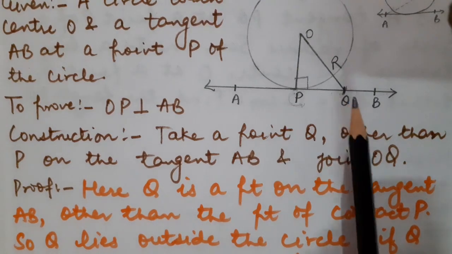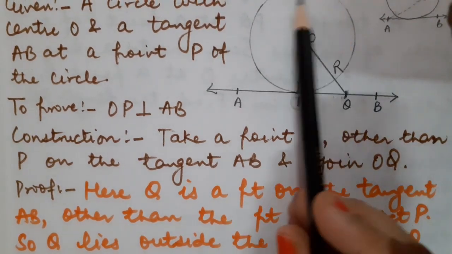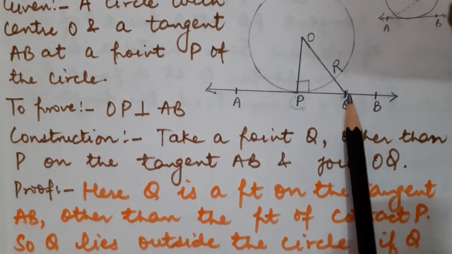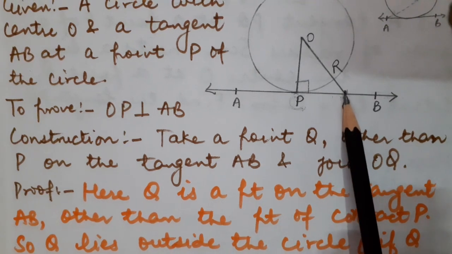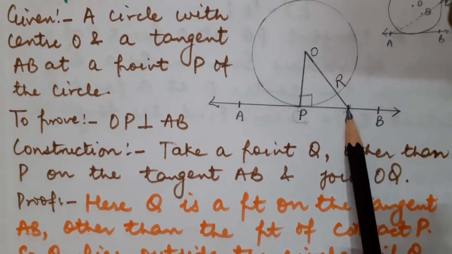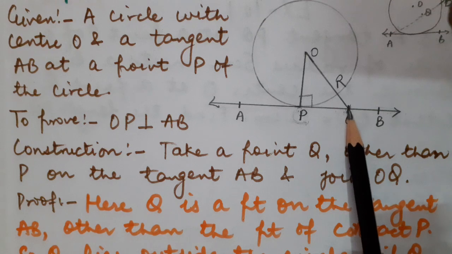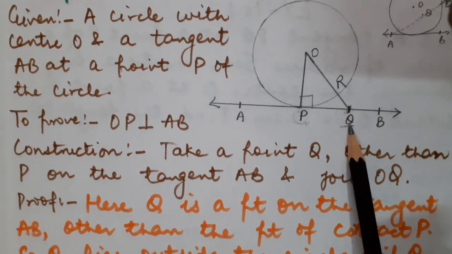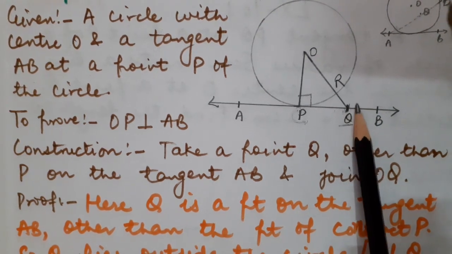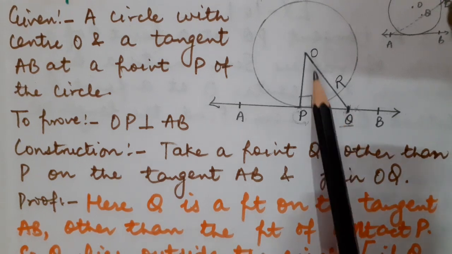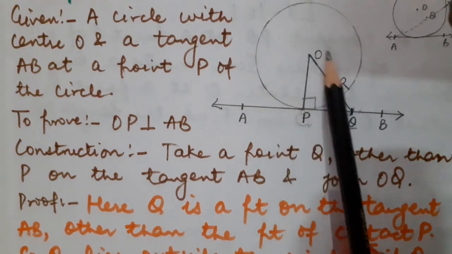And here you can see that Q is lying outside the circle. Correct? Children, think, suppose Q is going to lie somewhere inside the circle.